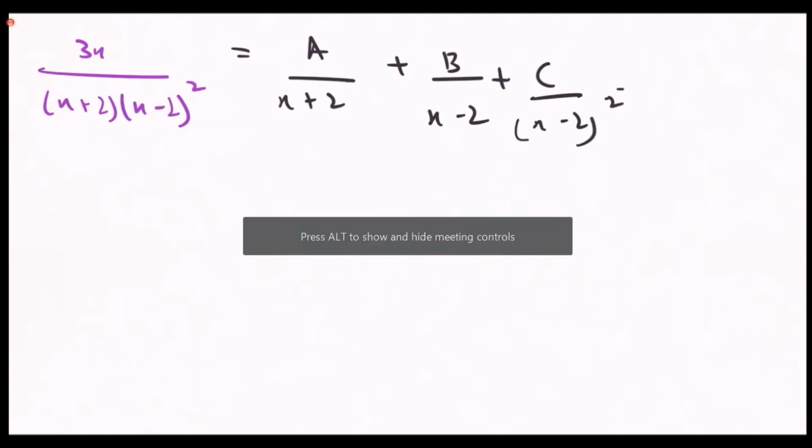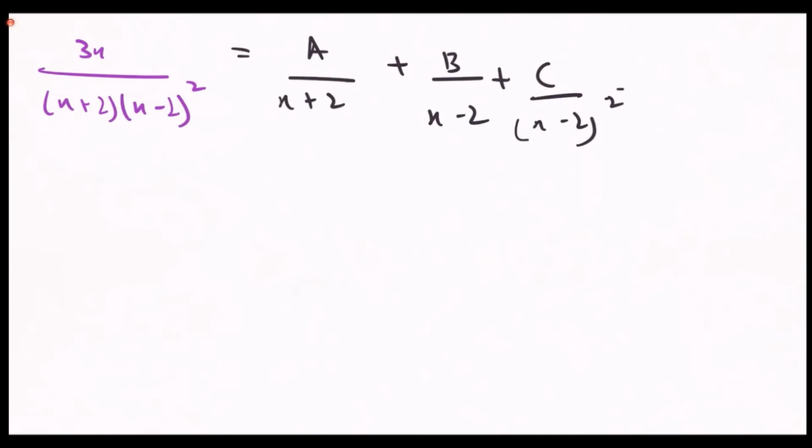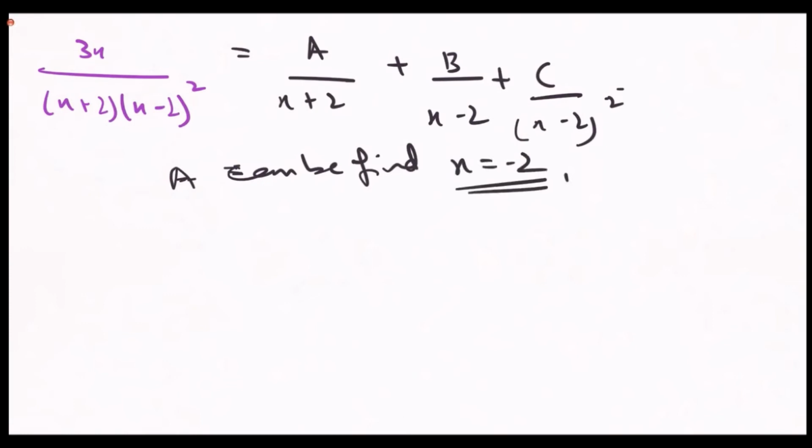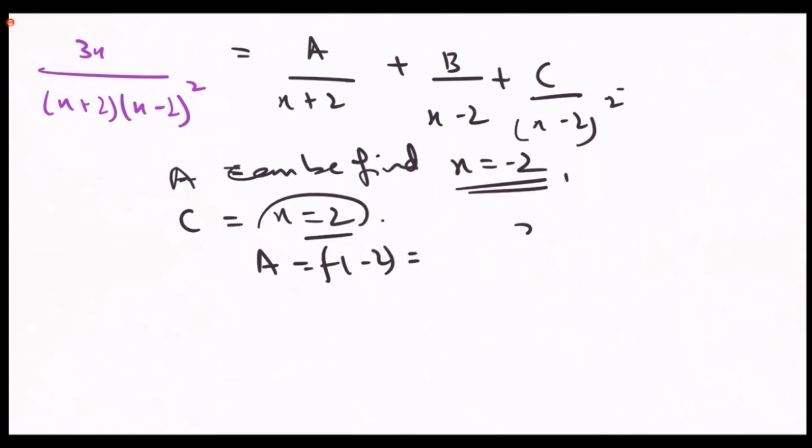Now what we will be doing, after taking the LCM, if you want to find a, it can be directly found when we put the value x equals minus 2. Similarly, c can be directly found when we put the value x equals 2. a equals f of minus 2 over this, when a would have been multiplied with x minus 2 square.